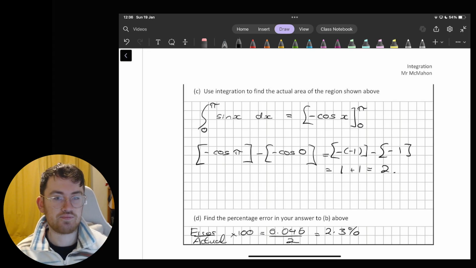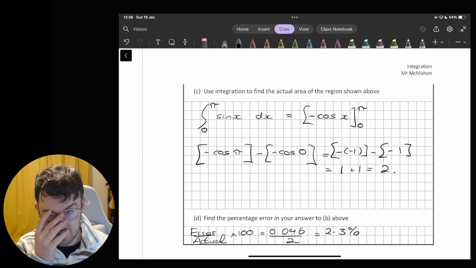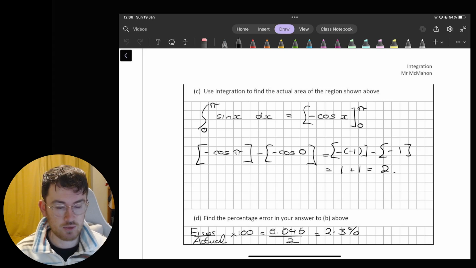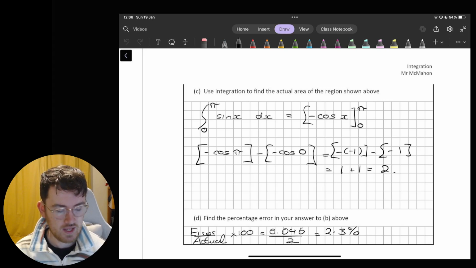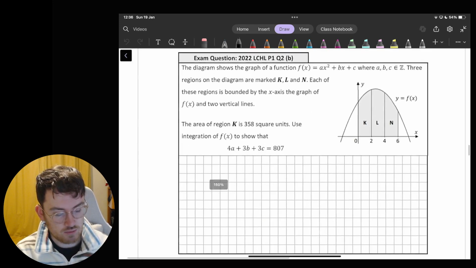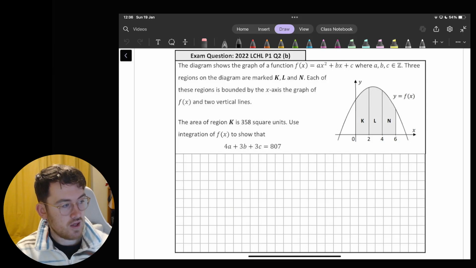So 2.3% of an error there. Straightforward enough, following the same idea, and very similar to the example question before, working with the trapezoidal rule and comparing that with our areas via integration properly. Okay, we'll look at one more example here.